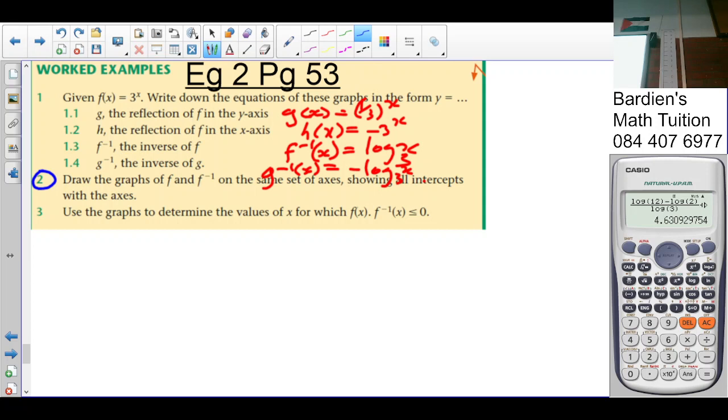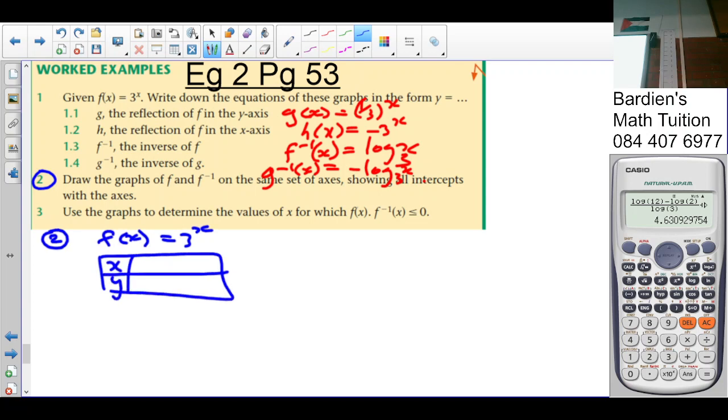So as I indicated before, to draw the f of x graph it's going to be easier just to fill in these values. So it's negative 1, 0 and 1. So 3 to the negative 1 is a third, 3 to the 0 is 1, 3 to the 1 is 3.